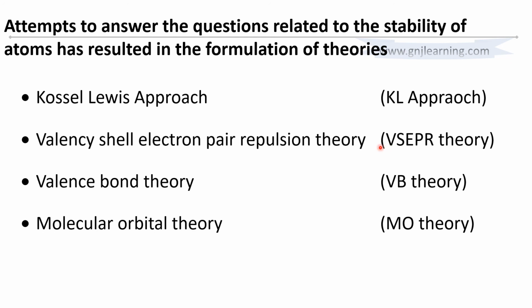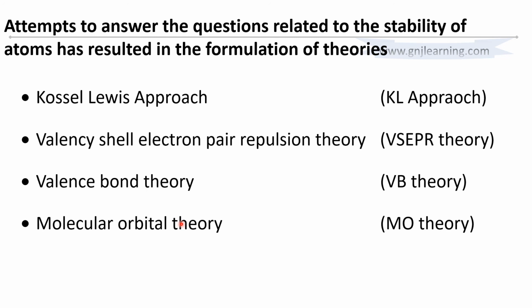In order to overcome them, the next two theories came, that is VB theory and molecular orbital theory. The molecular orbital theory is the final theory that quite satisfactorily explained many aspects of compounds as well as the stability of atoms and molecules. Clear?